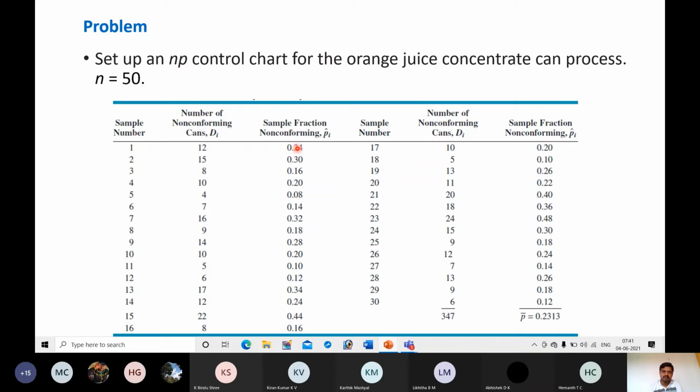Okay, so P cap is the sample fraction non-conforming, whereas just P is the process fraction non-conforming. That is for the entire process, whereas this is for a particular sample. So P bar is the average of this sample fraction non-conforming.